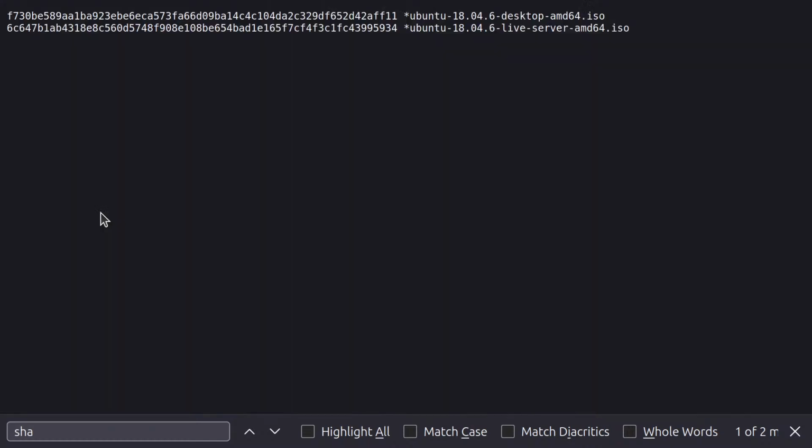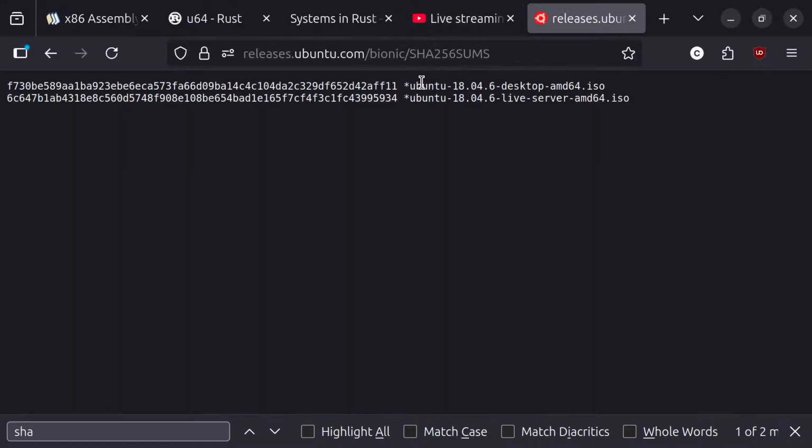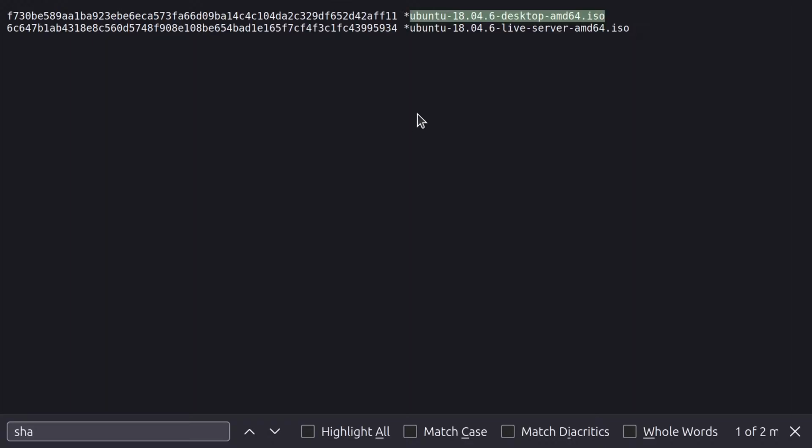Instead, someone takes this 2.3 gigabyte file and they compute the SHA. In this case, they use 256. They compute the SHA-256 sum of that file. This is a 256-bit integer expressed in hexadecimal, I think.